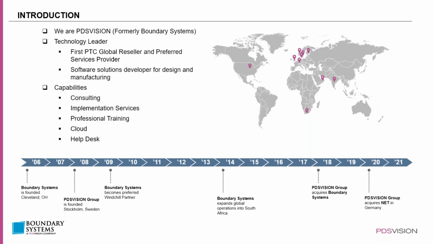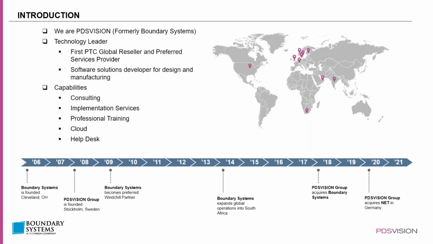So what happened on January 1st is we just officially name changed to PDS Vision US, changed our email addresses. But as far as what's going to actually be different, the answer is not much. We still operate in the same way. As far as what we do, we offer consulting, training, implementation, cloud, and help desk services for mostly PTC products.